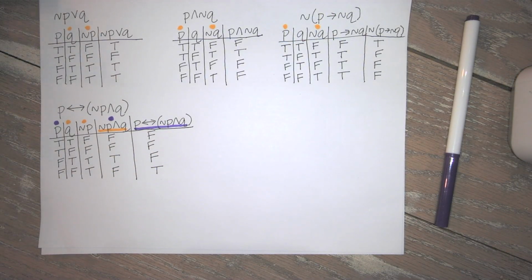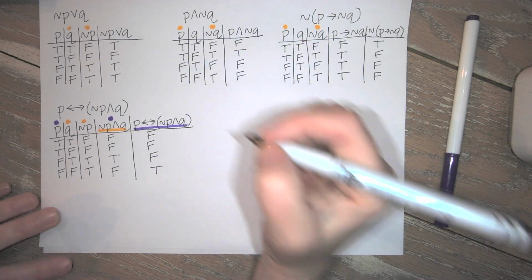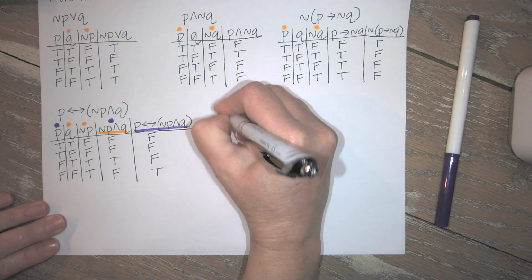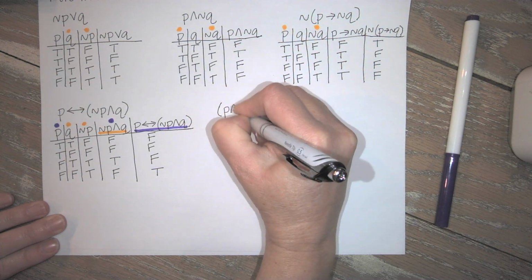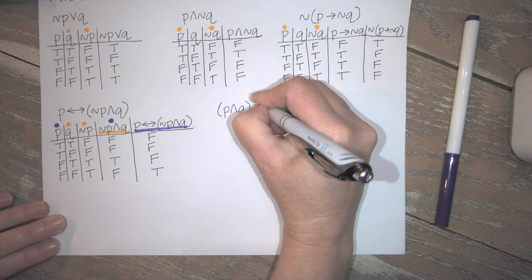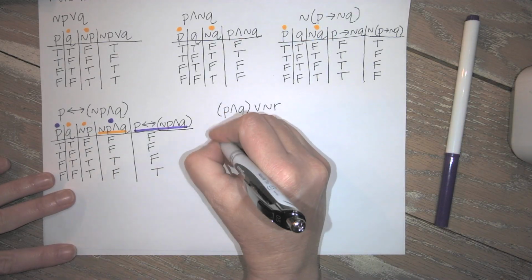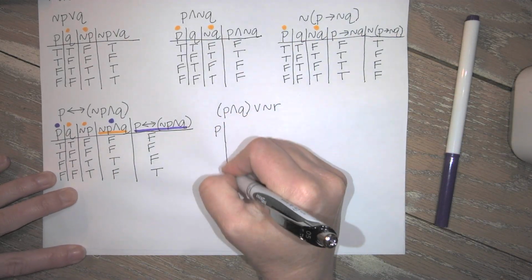All right, now we're going to look at a couple where we have 3 simple statements making up our compound statement, P, Q, and R. And what do we do in that case? All right, so here we have P and Q, or not R. Okay, so when you have P's, Q's, and R's, or 3 simple statements, you're going to have several more possibilities.